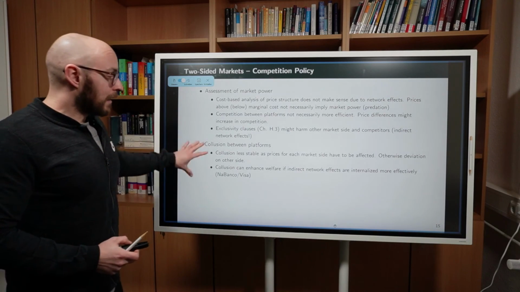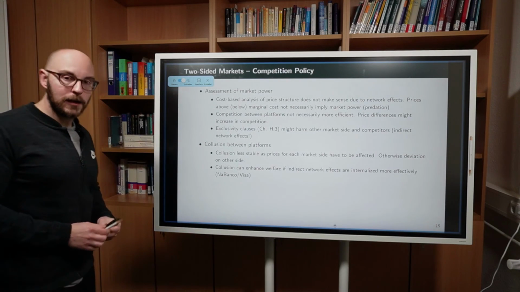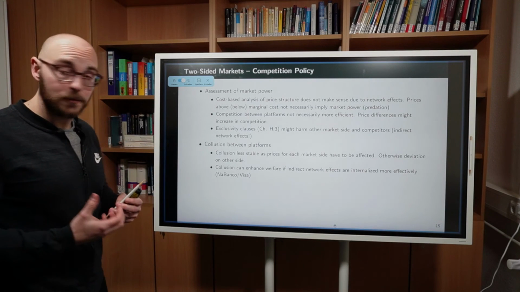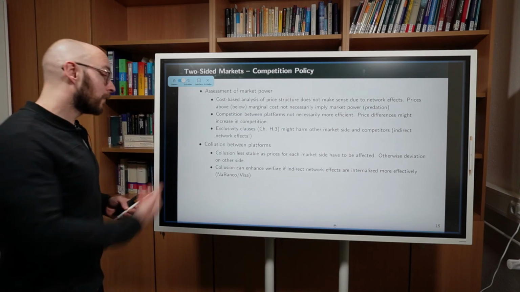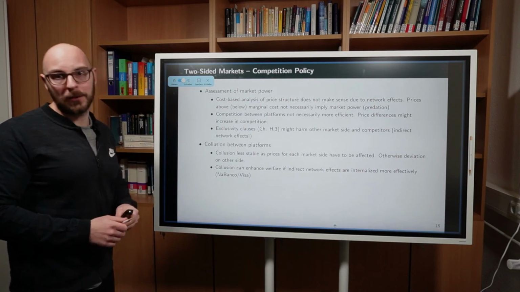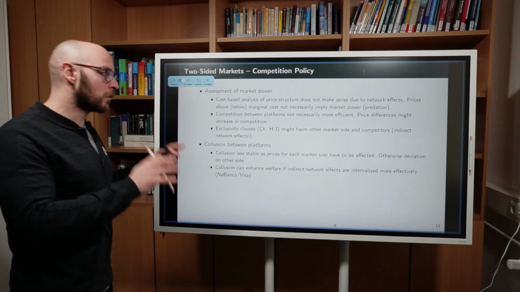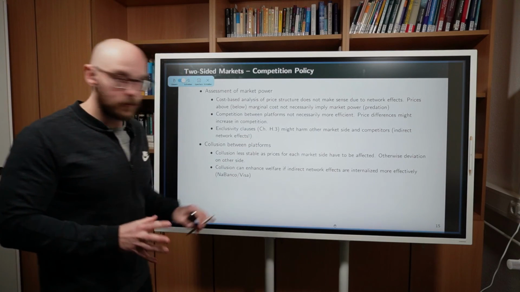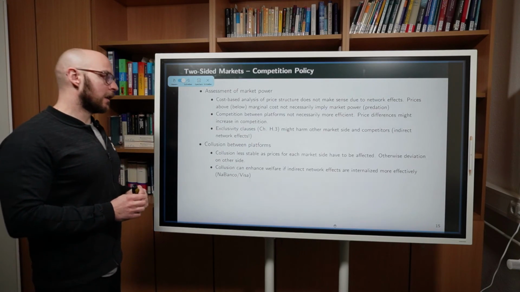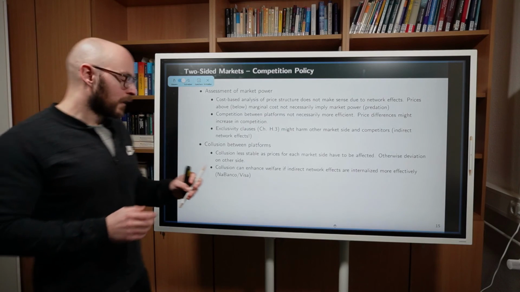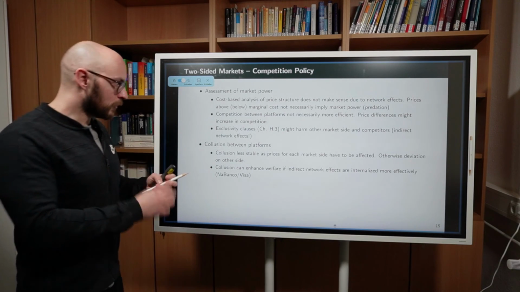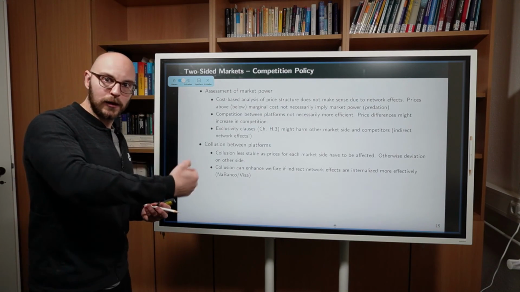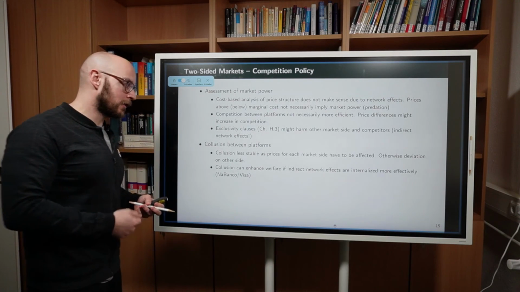Now, finally, we talk about collusion. If we want platforms to collude, well, we don't want them to, but if we analyzed platform collusion, then the thing would be really difficult, because in general, collusion on platforms is less stable, because you not only have to take into account deviation on one market side, but also deviation on the other market side.